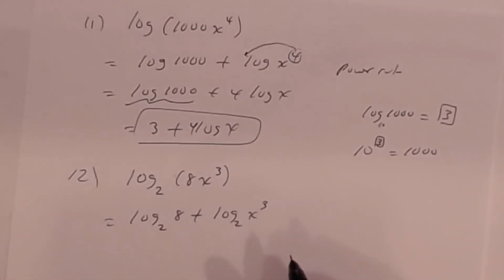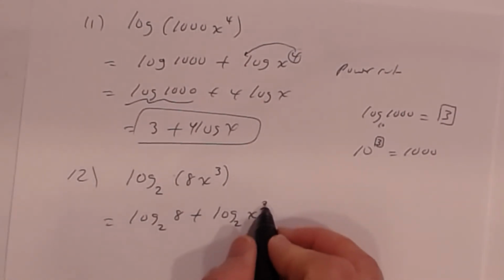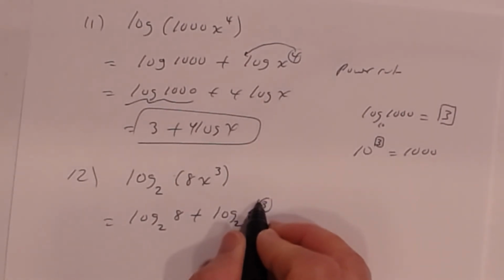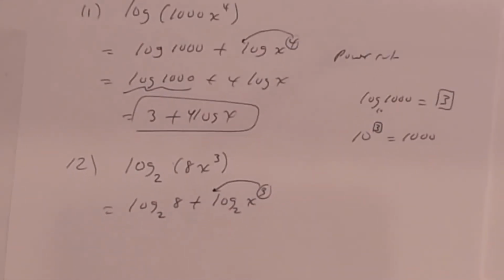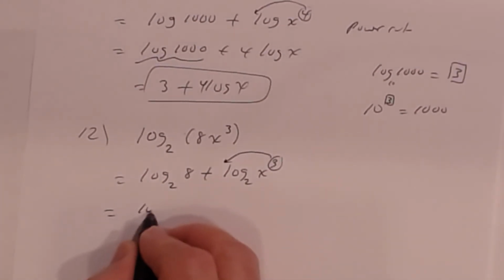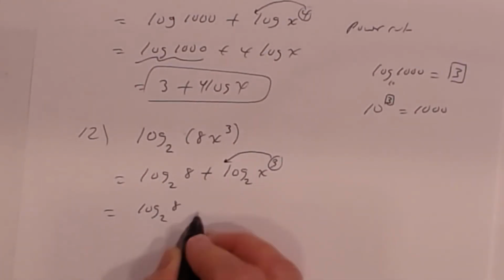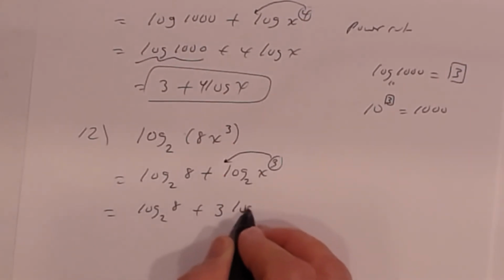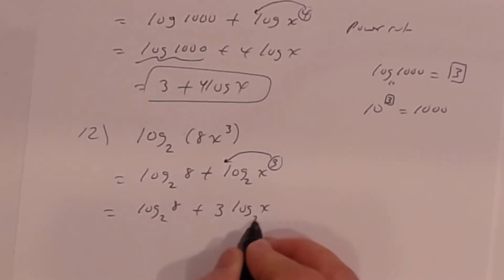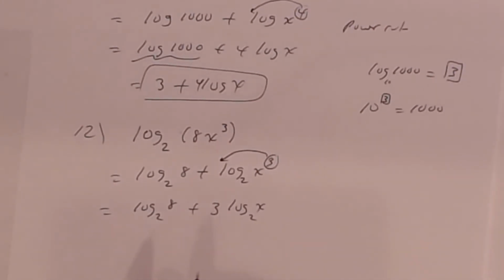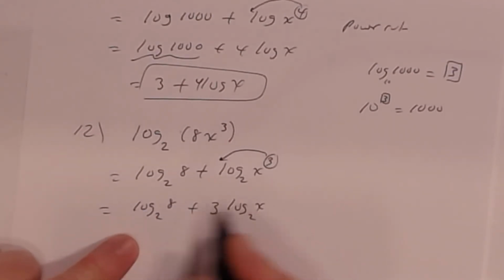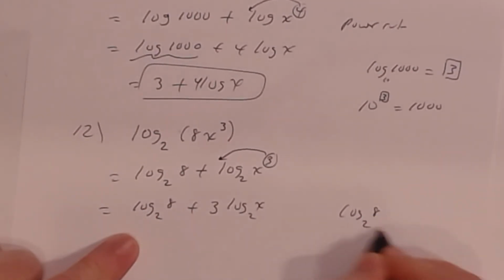You'll get some points. Then you're going to also realize, hey, I can use a power rule. I can take this exponent and write it in front, couldn't I? So you get the log of 8 base 2 plus 3 log of x base 2. But if you leave your answer like this, you're not going to get all your points, because you see this log of 8 base 2?